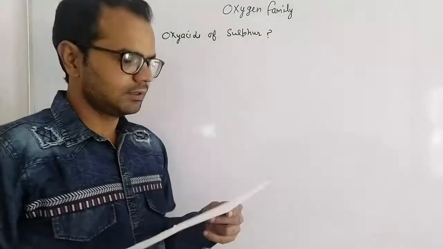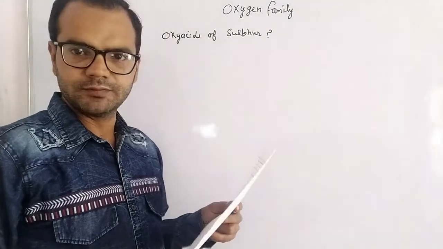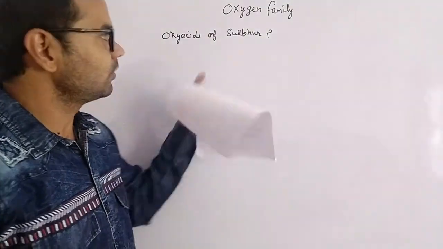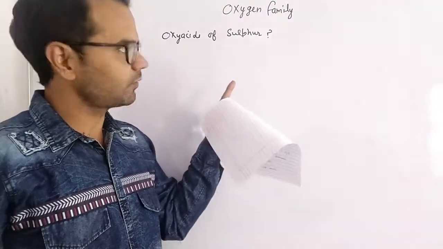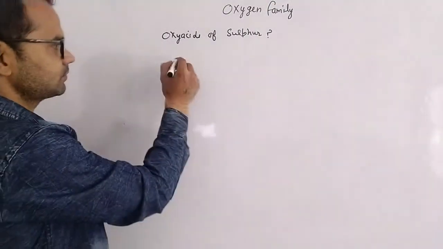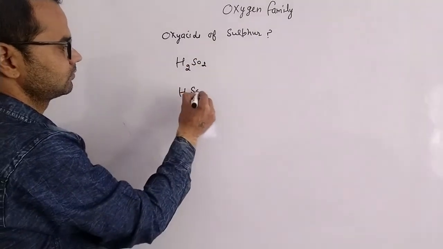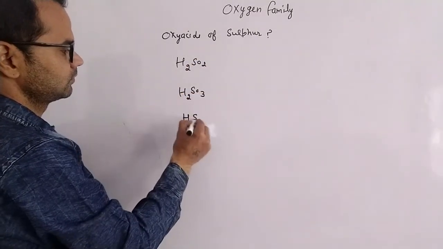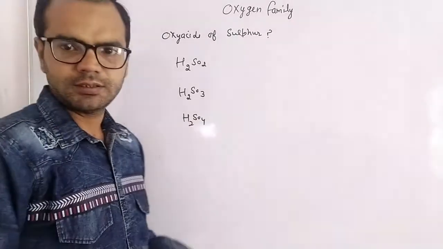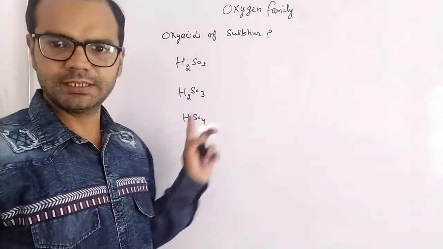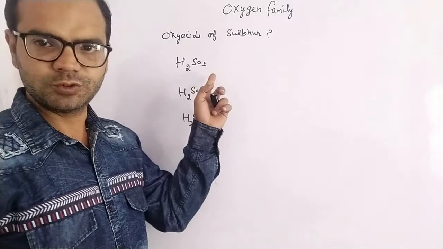First question is write the formulas of oxy acids of sulfur. So we know sulfur forms many oxy acids like H2SO2, H2SO3, H2SO4.